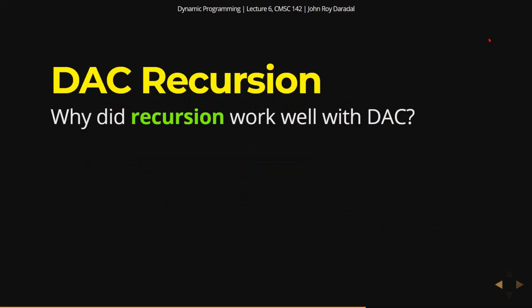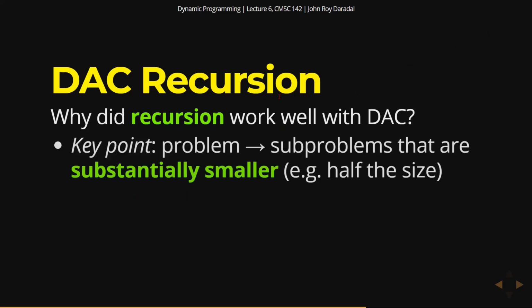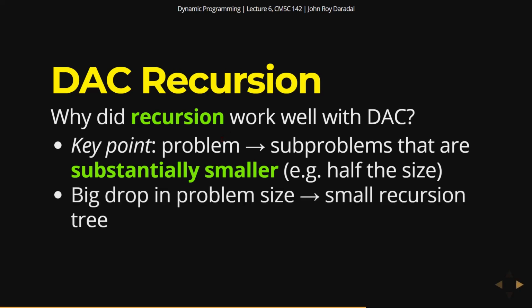Anyway, so why did recursion work well with divide and conquer? The key point was that the problem was divided into sub-problems that were substantially smaller, like half the size or 1/4 or whatever, right? So we divide the size. So there was a big drop in the problem size which made the recursion tree small. Okay?